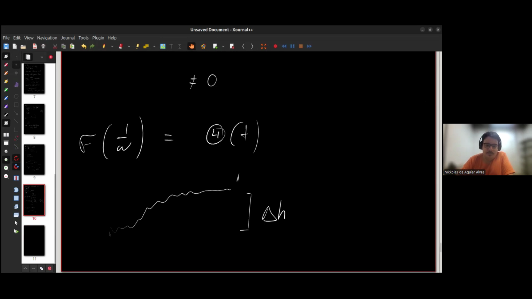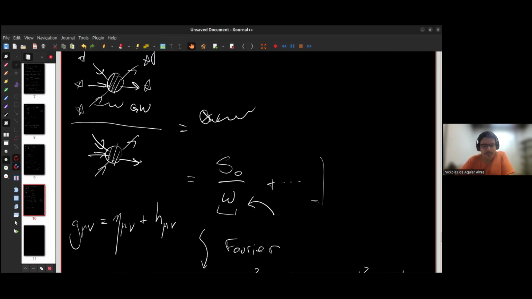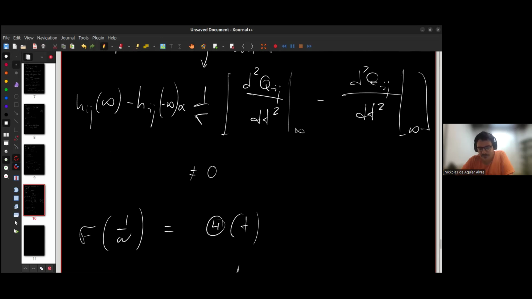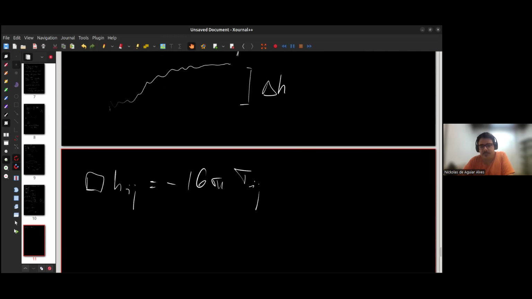Now, I'm sketching the argument that you can make with the Weinberg soft graviton theorem, but you can also make it precisely, you get to the exact same result if you start with plain classical general relativity and just work with standard gravitational wave techniques, such as, for instance, just writing the Einstein equations in that typical linearized form, and solving these equations by using a retarded Green's function, you're going to get to the very same result.